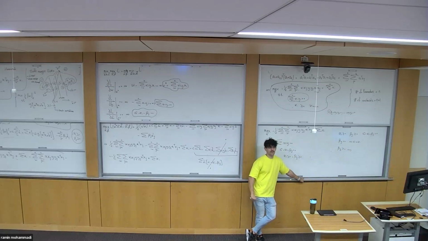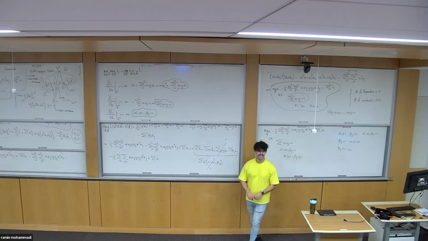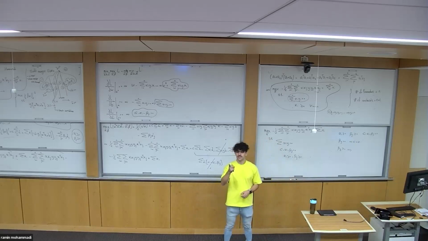What's the relationship between alpha and C, if beta is greater than 0? Since beta_j is greater than 0, then the term C minus alpha should be greater than 0. So C should be greater than alpha.